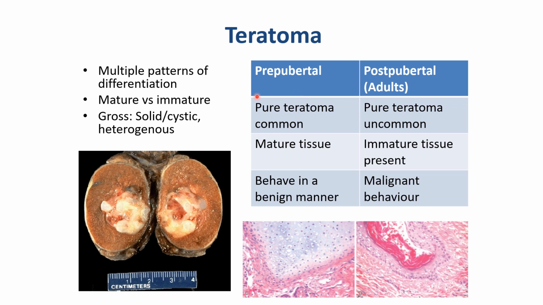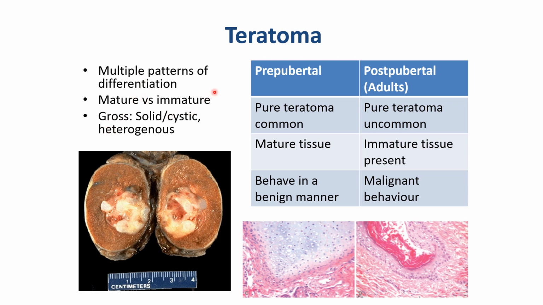Teratoma, again, I mentioned earlier, there are distinct differences between teratoma occurring in pre-pubertal or childhood versus adults. In adults, it's uncommon to be pure teratoma. Usually it's mixed. You can have immature tissue present, and the behavior is malignant. They produce multiple patterns of differentiation, which correspond to the ectoderm, mesoderm, and endoderm origins.